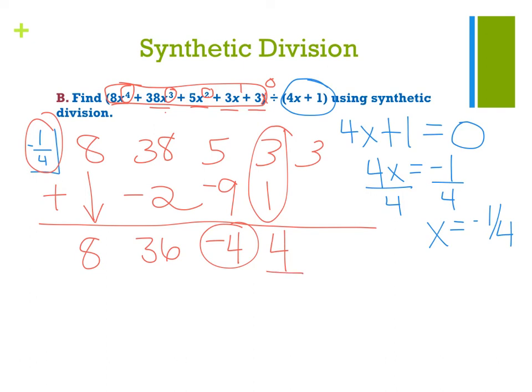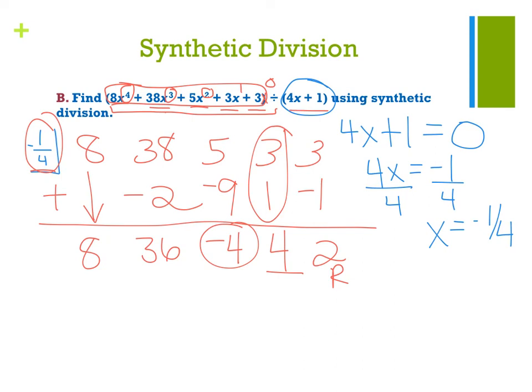If I add my column, 3 plus 1 here gives me a positive 4. And when I multiply this 4 by a negative 1/4, 4 times negative 1/4 is going to give me a negative 1. So when I add this last column, 3 and negative 1 give me a remainder of 2. So again, because we don't have a remainder of 0, what that means is that this polynomial is not evenly divisible by 4x plus 1.